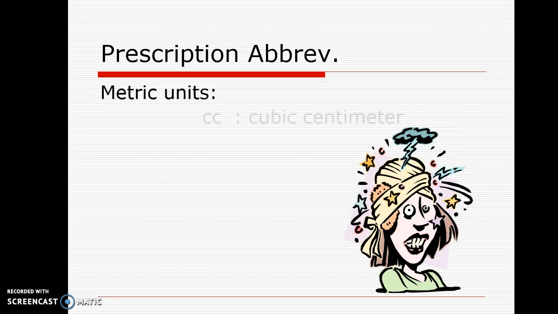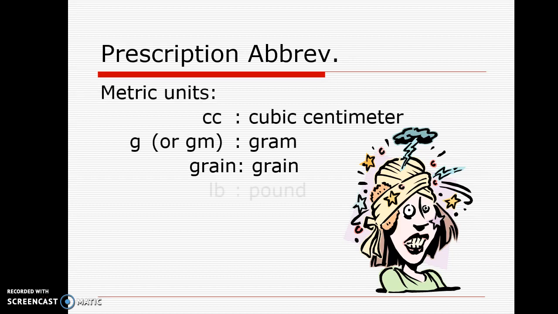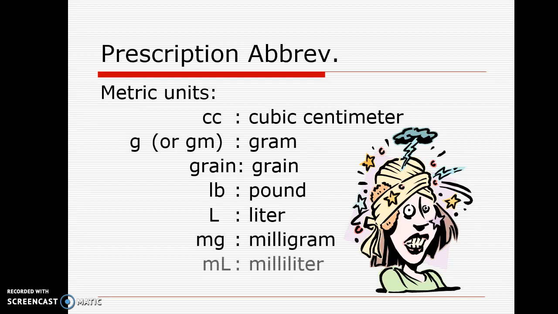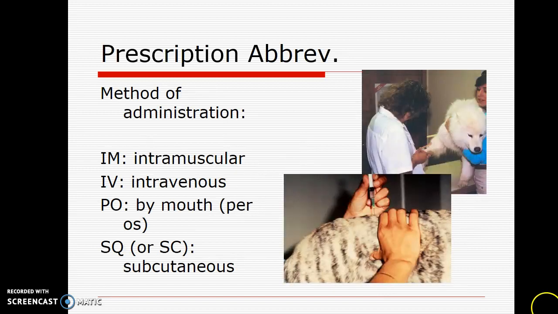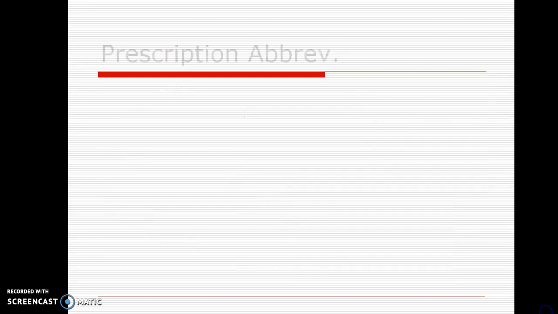So some other prescriptions, this says metric units, but pounds is actually in this as well, and that's not a metric unit. But we need to convert between pounds and kilograms, cubic centimeters, grams, grains. We'll go over these again, milligrams, milliliters. And then method of administration, you're probably familiar with all of these.